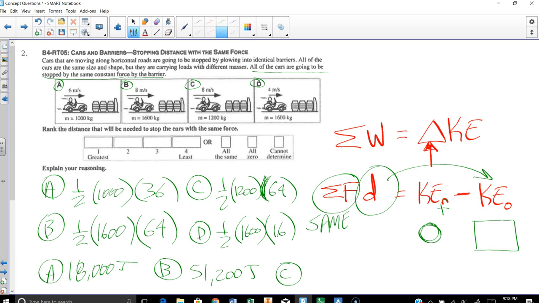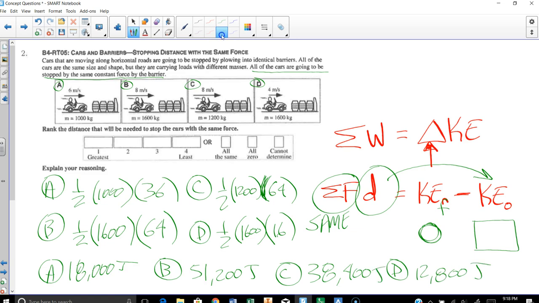C is going to be 600 times 64, that's 38,400. And D is 800 times 16, which is 12,800 joules.